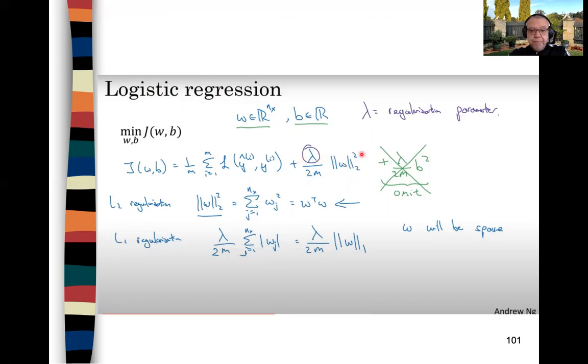Meaning what? Your problem is ill-posed. There are three conditions for a well-posed problem, according to Hadamard's conditions: the solution exists, it is unique, and it changes continuously with the input.